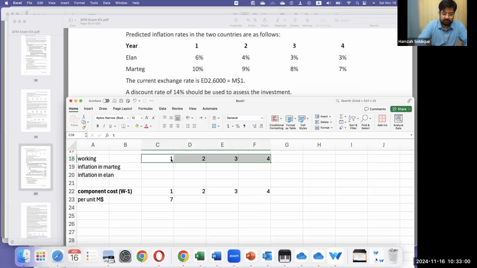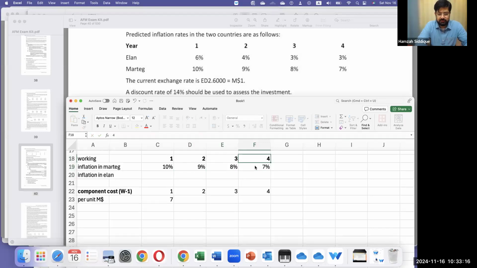This is the year. That is 6% in Maltech, 10%, 9%, and then 8%, and then 7%. In Elan, it is 6%, 4%, and 3%, and 3%.